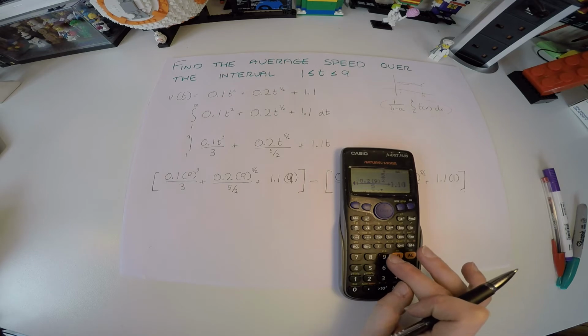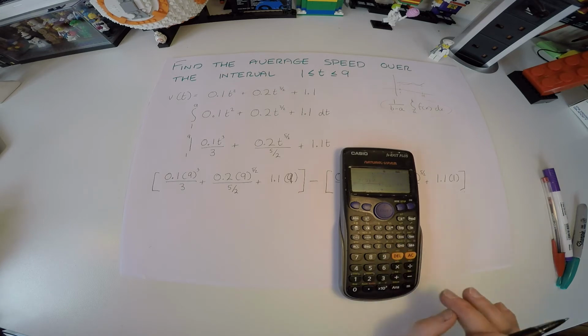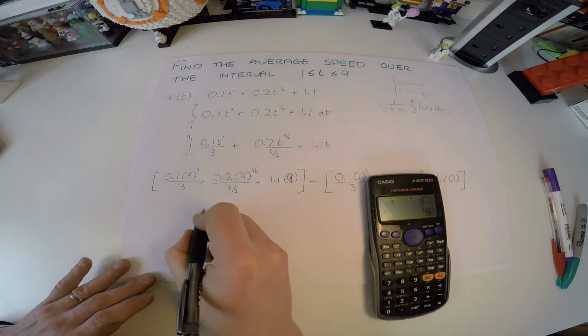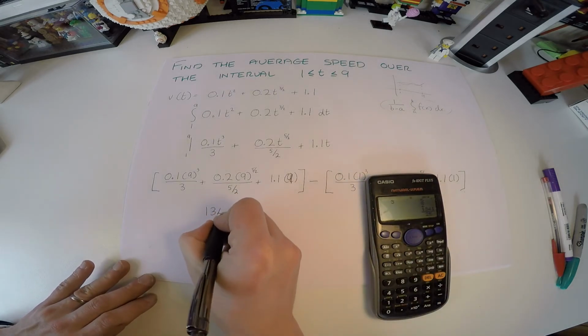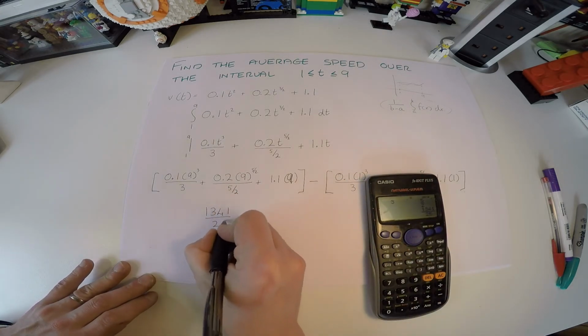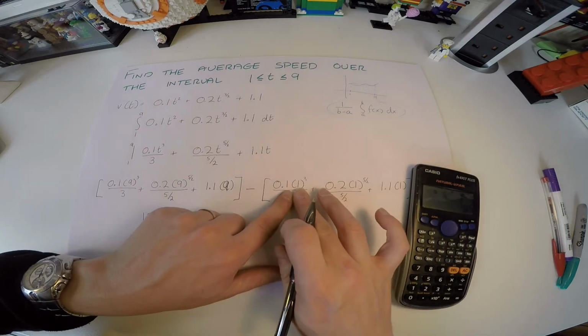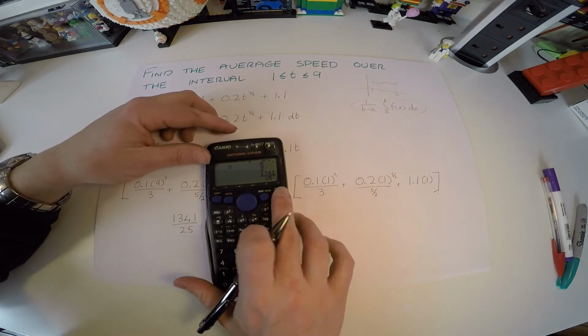0.1 times 9 equals, so I got like 1341 over 25. Minus. Now, as I said, no point even putting the ones and the powers in here, it's not going to do anything.